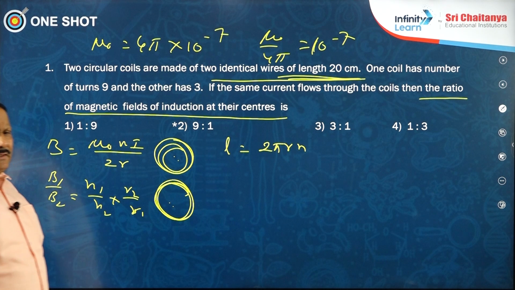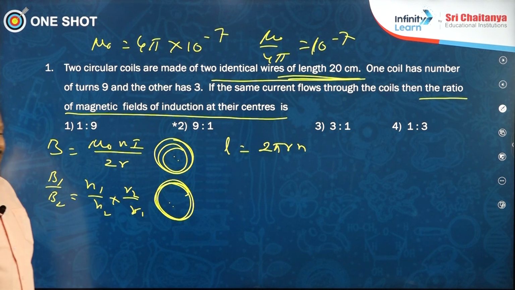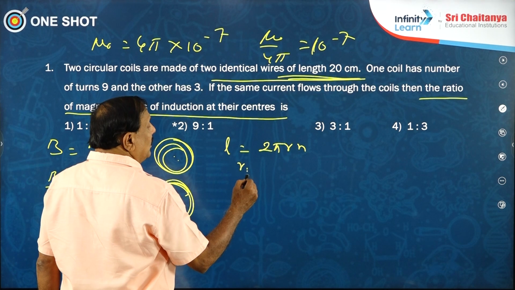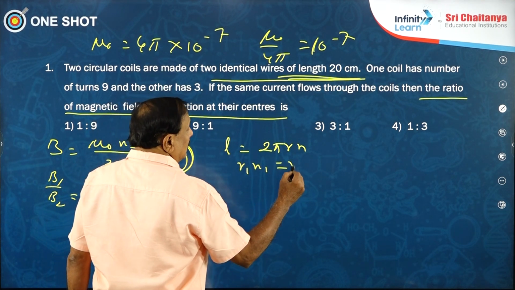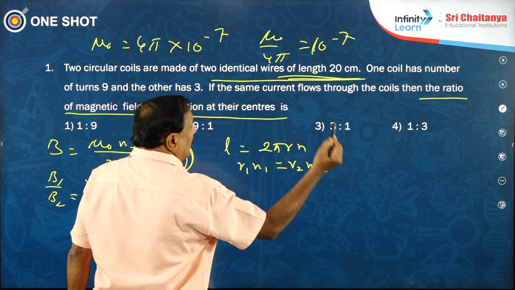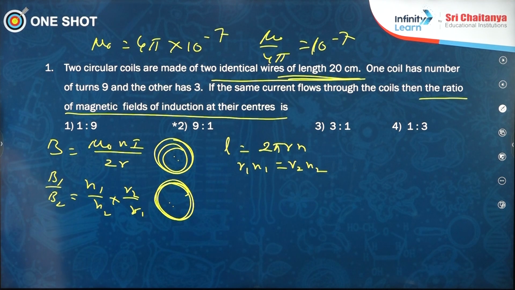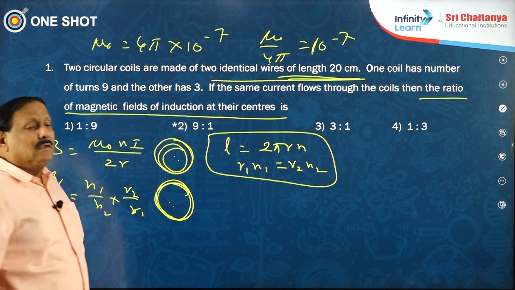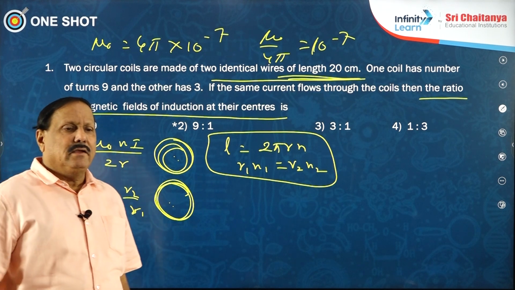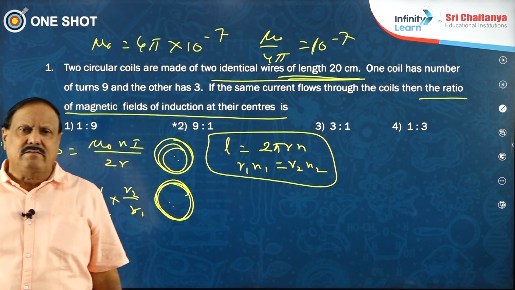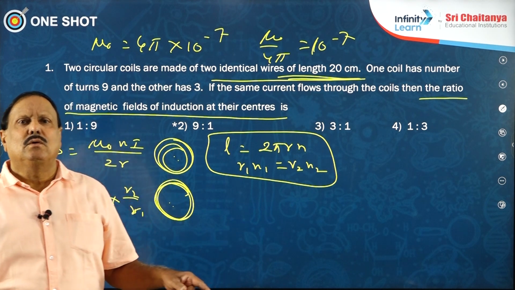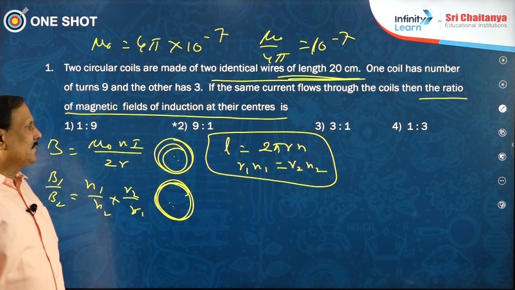So the total length of the coil becomes 2 pi r n. Because the length is constant, we can formulate R1 N1 is equal to R2 N2. We use this formula when a wire of the same length is bent into two different coils.